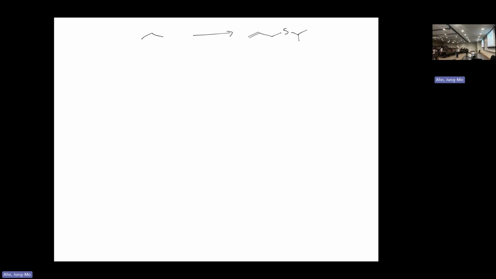Starting from the propane, we need to make several things. I would easily say that in the product, clearly, you're going to make a sulfur-carbon bond. That bond has to be made. Sulfur is the heavy atom that you can probably make as a nucleophile. So I would imagine this can be produced by a thiolate as an anion.